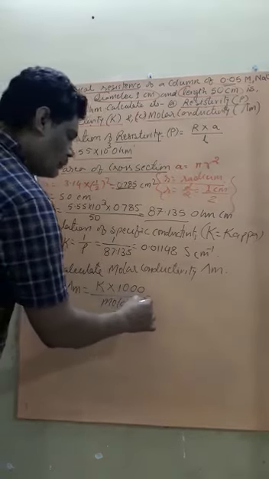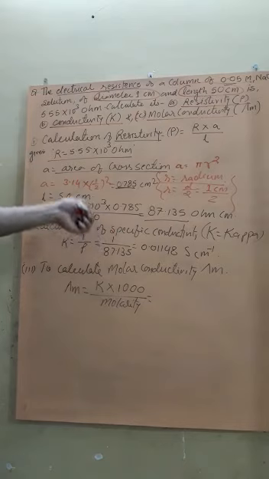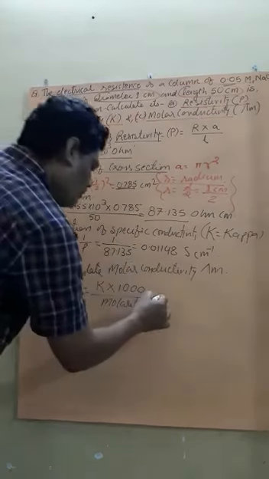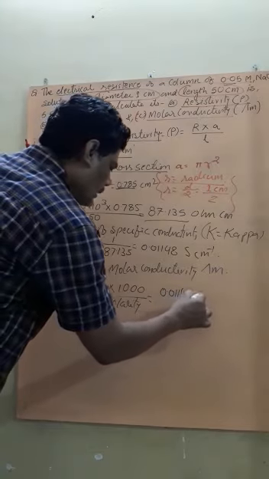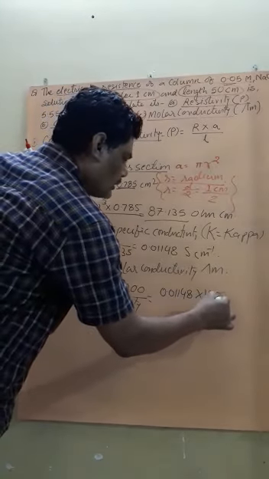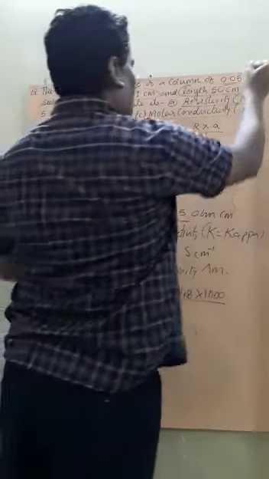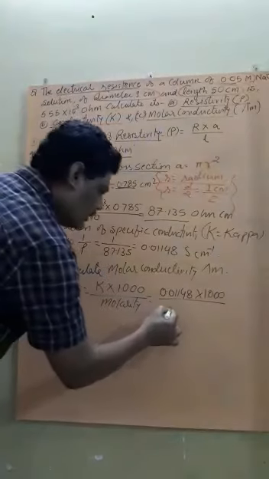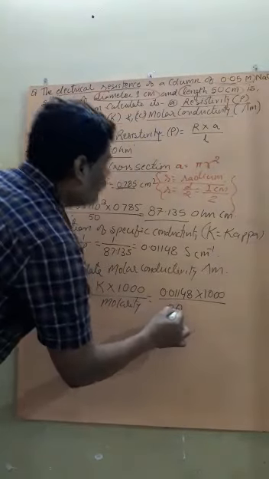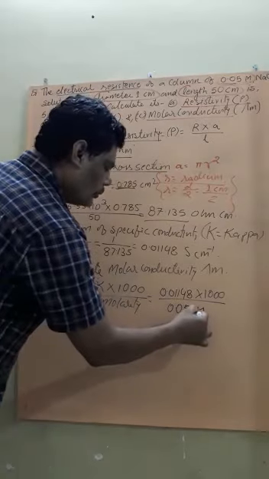Now the value of kappa is 0.01148 multiplied by 1000 divided by the molarity of the solution, which is 0.05 mole.